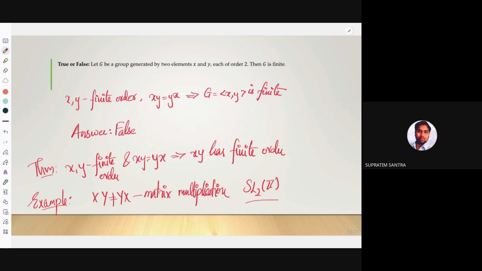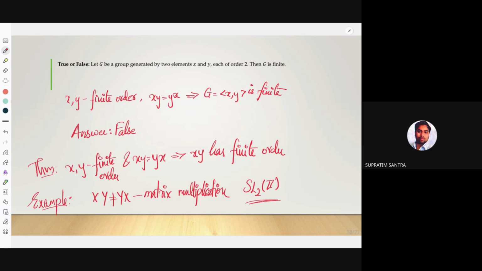This is a very important example which is always given whenever we do group theory. The same example will work here, I'm pretty sure, generated by elements of order 2, but you can show that.